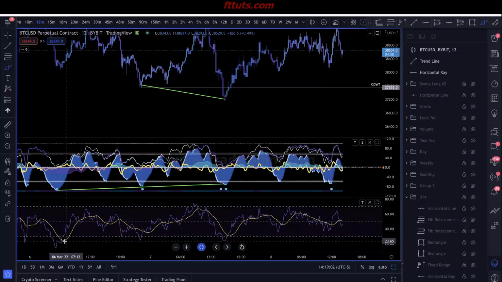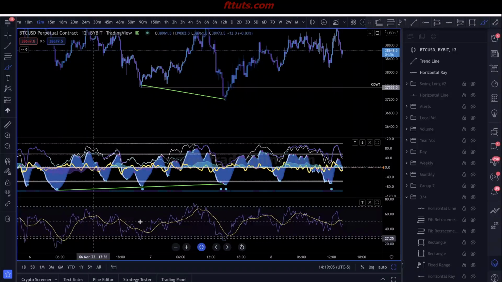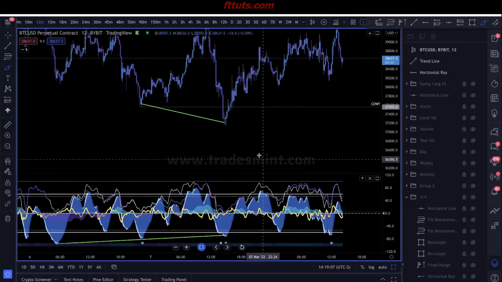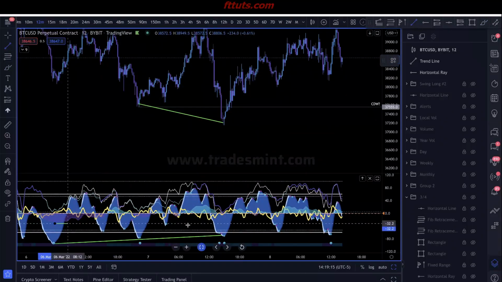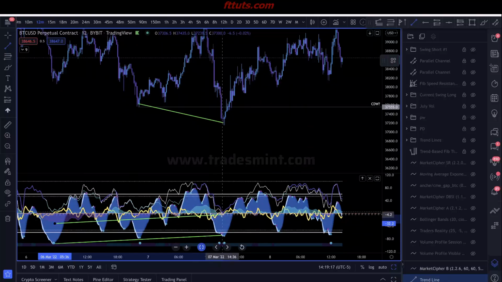No, not really. Slight bullish divergence on the RSI, but Market Cipher is very clear. The 12-minute Market Cipher is very, very nice for showing you divergences, and we can even see the money flow coming up here. Okay, literally the money flow is coming up on the 12-minute time frame.